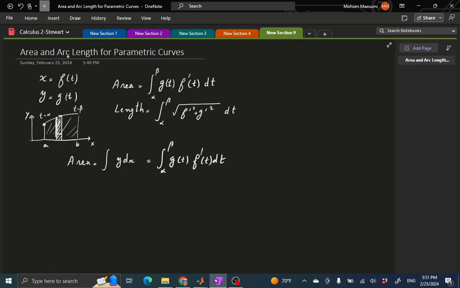As an exercise, we go to a famous curve that we looked at a couple of lectures ago, and that was the cycloid. The question is to find the area of the cycloid, which was given by x equal to r times theta minus sine of theta, and y was given as r times 1 minus cosine of theta.